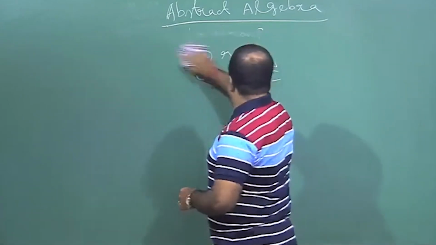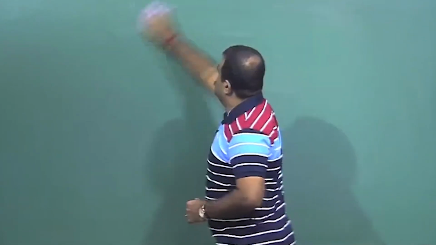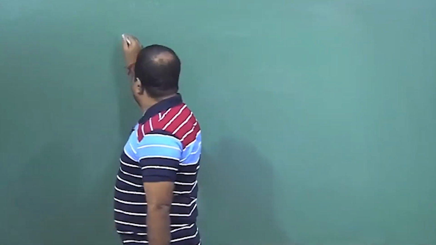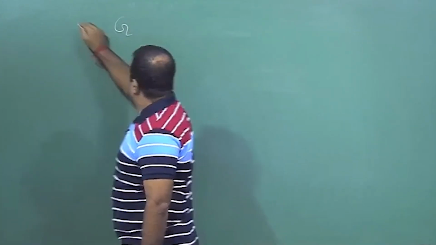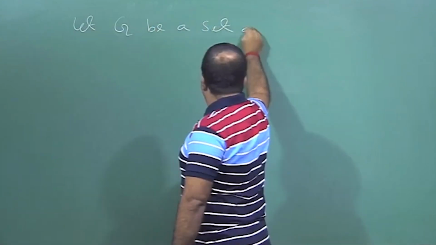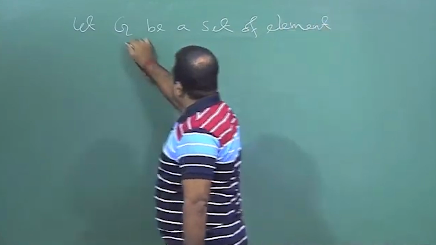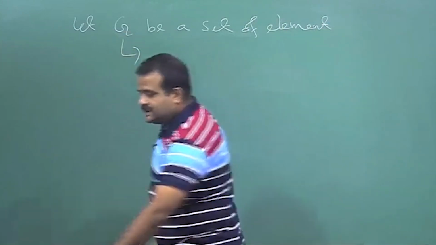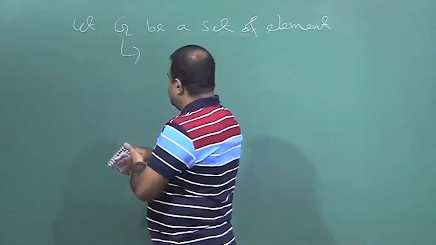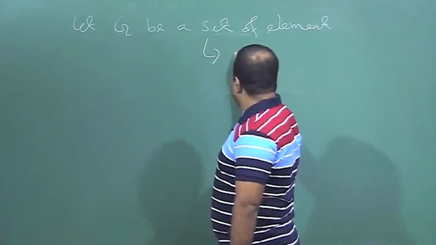So, what is a set? Let G be a set of elements. How to define a set? Set is a collection of well defined objects. This is the definition of set.